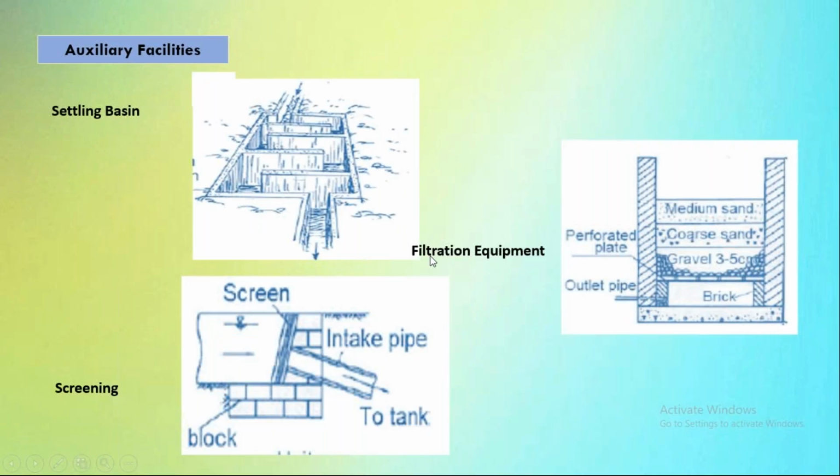There are some auxiliary facilities without which the system will not work efficiently. Although we can collect water from surfaces, for use in agriculture fields we need such facilities so that we can improve our efficiency. Otherwise, our storage tank will be muddied or silted with sand or soil particles.